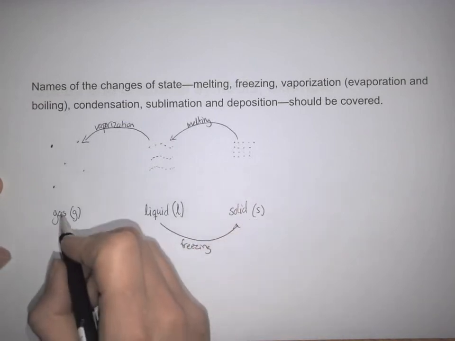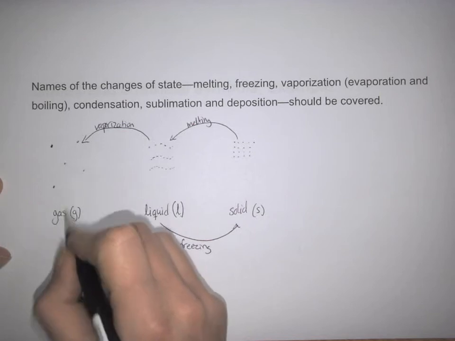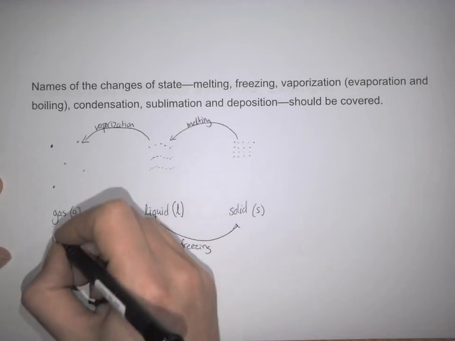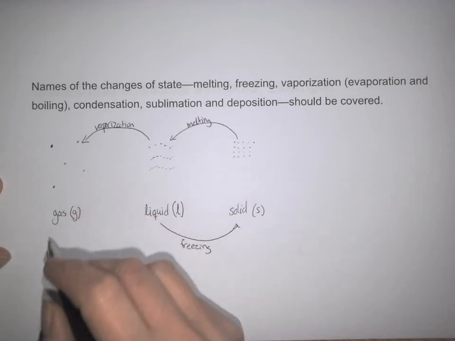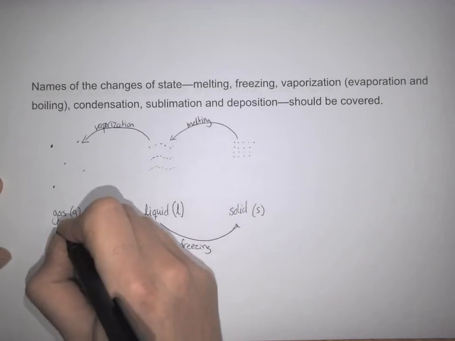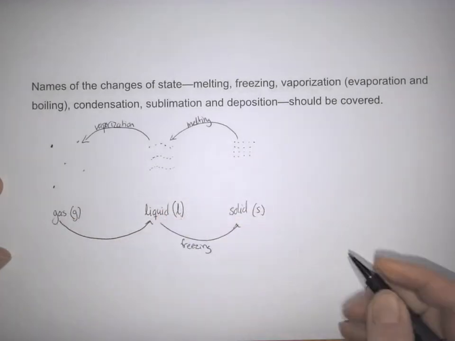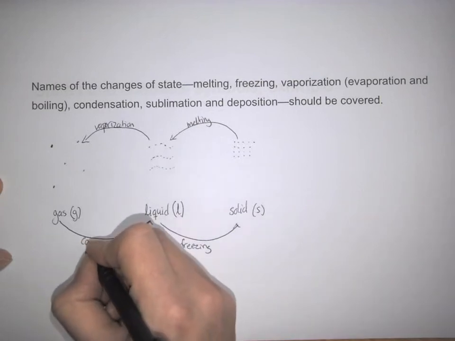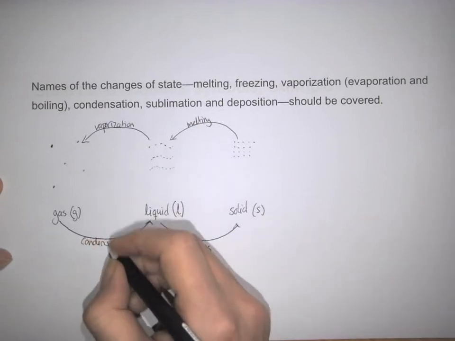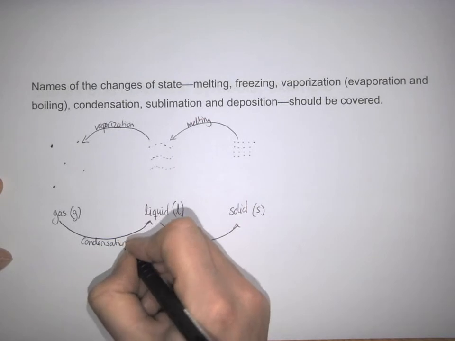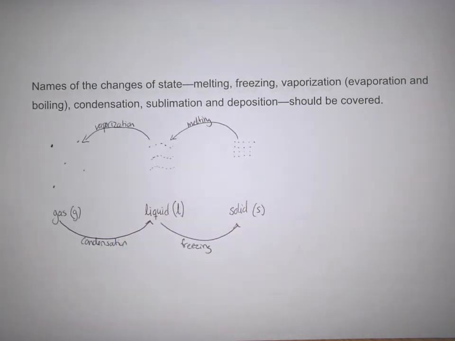And then if we have water like steam, and maybe we put a lid on it, we can see that it will form liquid, and we call the process where it goes from gas to liquid condensing, or condensation. There are also two processes where it goes directly from gas to solid or solid to gas.